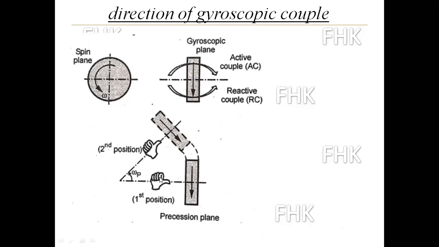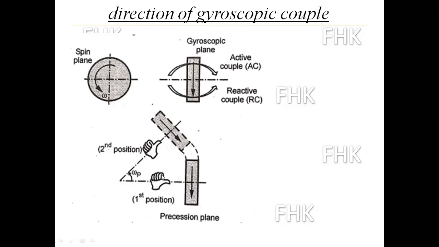By the right hand thumb rule, the curling finger is showing the direction of rotation. The tip is going downward, so the arrow direction is again downward. Whatever the direction of arrow in precession plane, this will be the position of the tip.